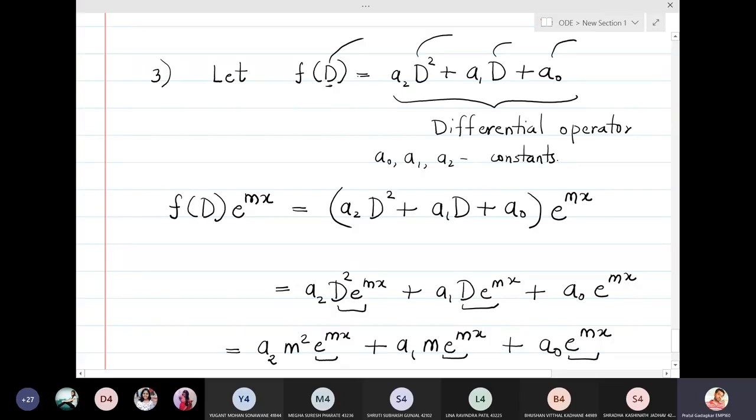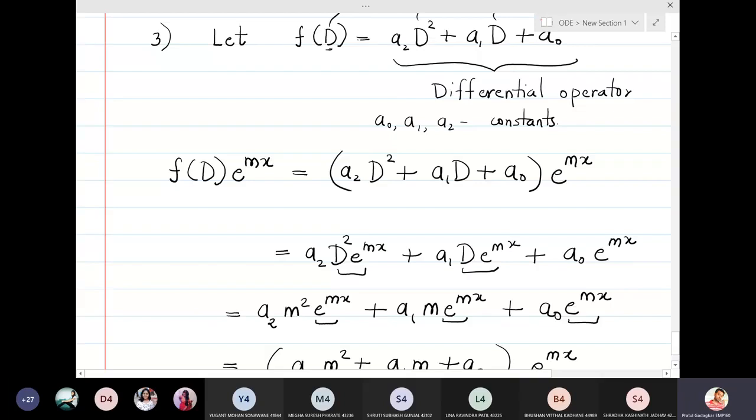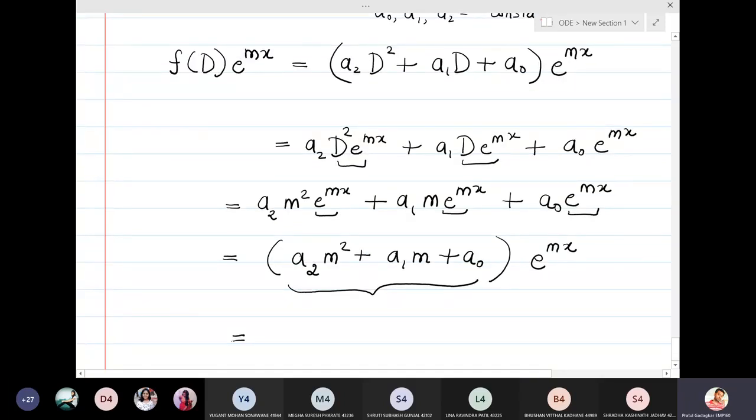So if instead of D, I write m, it will look like a2 m square plus a1 m plus a naught. So the person in the bracket is nothing but f of m.